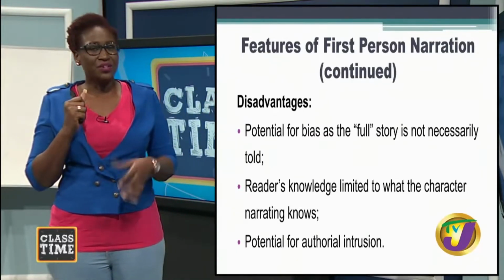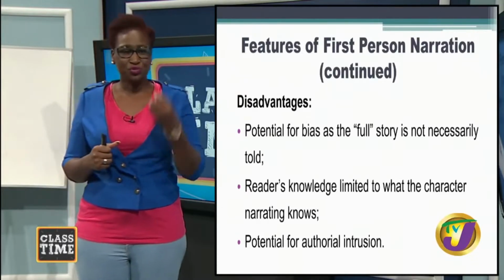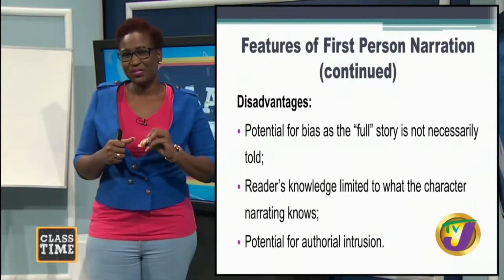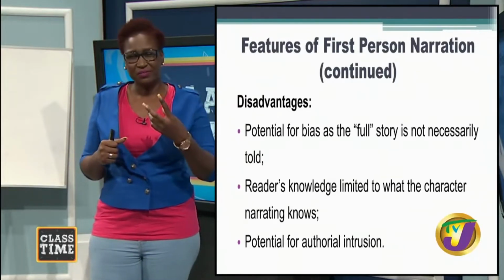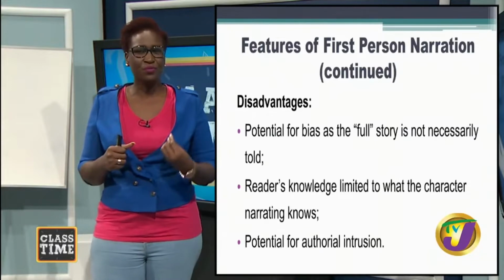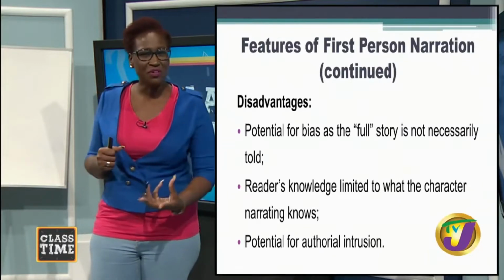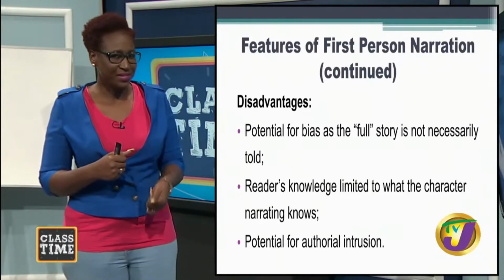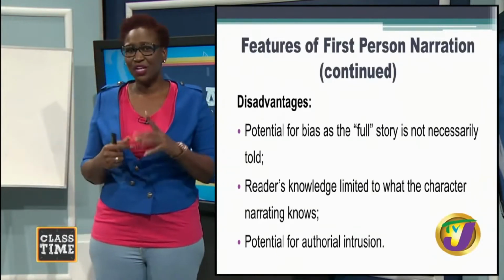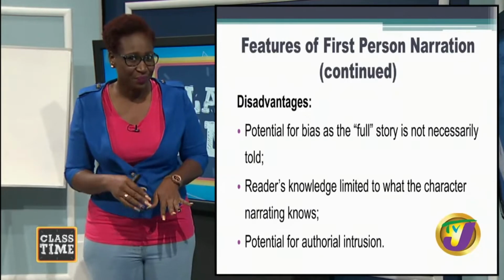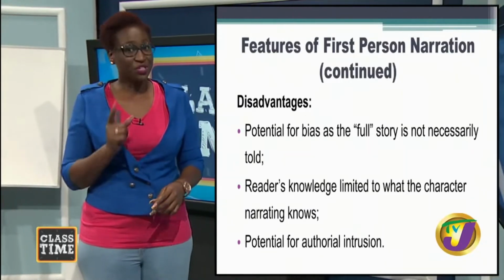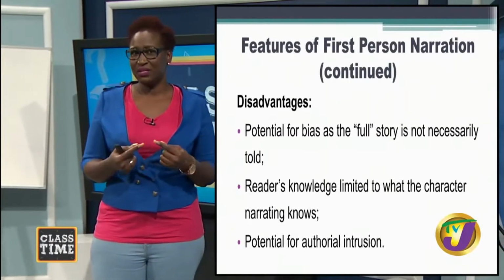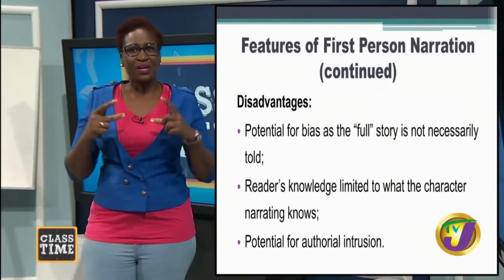The next thing is that there is potential for authorial intrusion. What this means is that there are times in stories when the author's personal feelings and personal experiences come through. If you think about the stories on your prescribed list, several of them are told from the perspective of children. None of your authors were children when they wrote them. So what you have to do in this case is look at it critically.